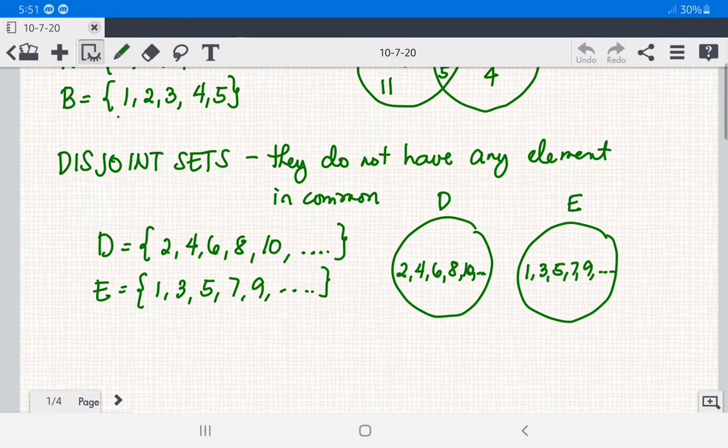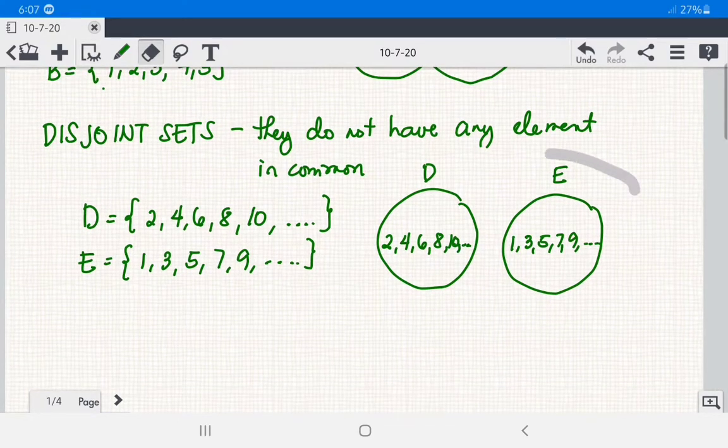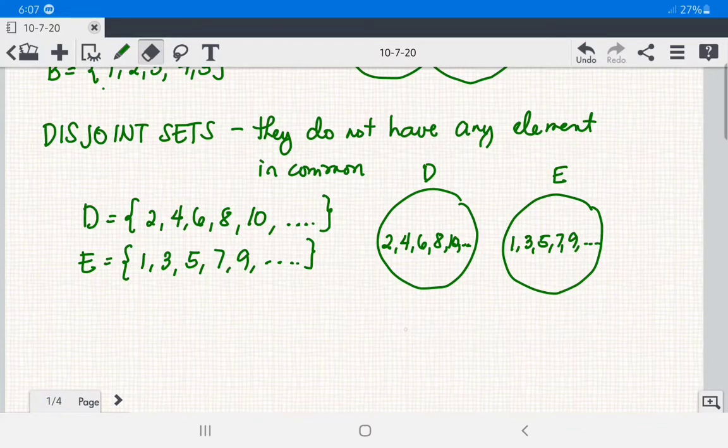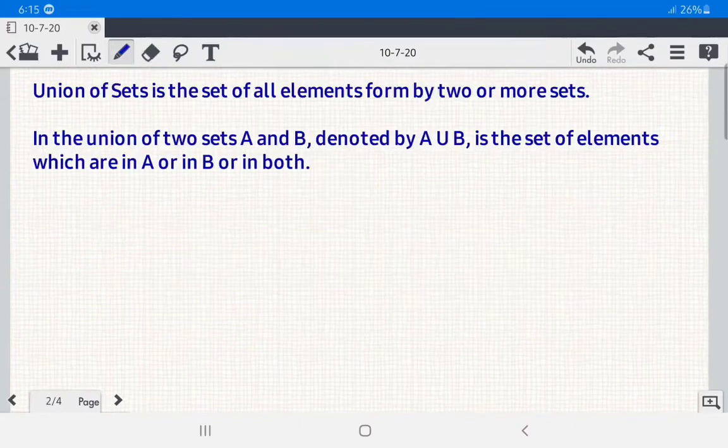Notice that they do not have element in common. If we're going to make use of the Venn diagram, this is the illustration of that. Two circles are separated from each other. This is set D and set E because they do not have common element.